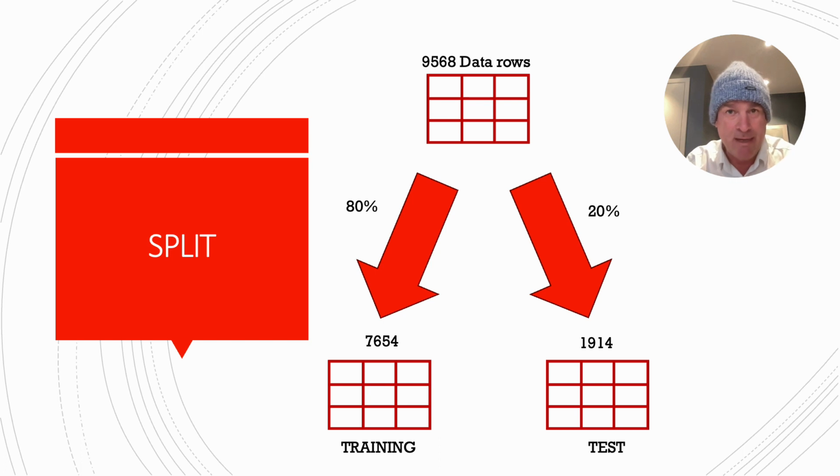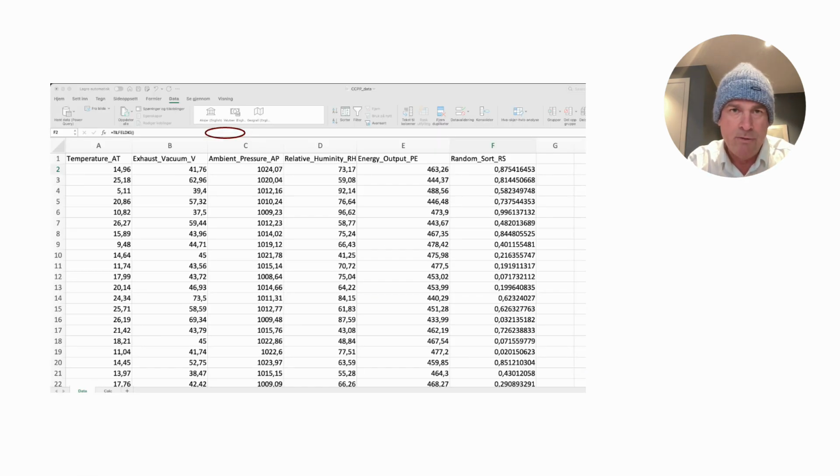So the dataset was split into training and test sets with an 80-20 ratio. This resulted in 7,654 rows for training and 1,914 rows for testing. To ensure a fair split, I randomized the dataset using a random function, in Norwegian up there, if you can read it, and then sorted based on that.